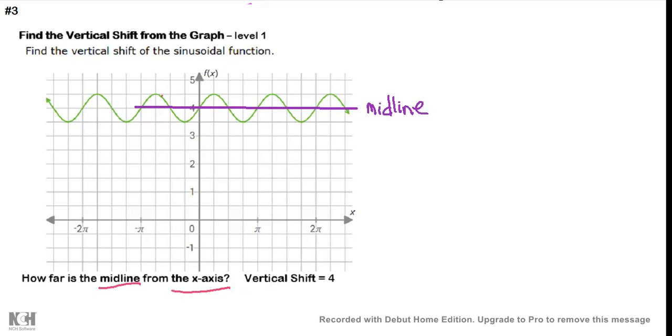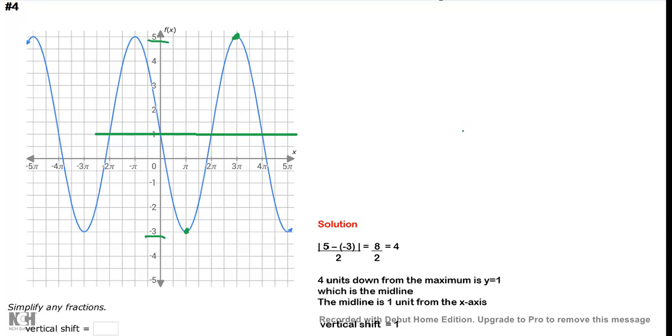And the midline, again, is going to be between the height of the graph to how low it goes, the maxima to the minimum, and then it's going to be the middle of that. So this midline is at y equals 4. So that's 4 units to get down here to the x-axis. And so the vertical shift on that one is just simply 4.